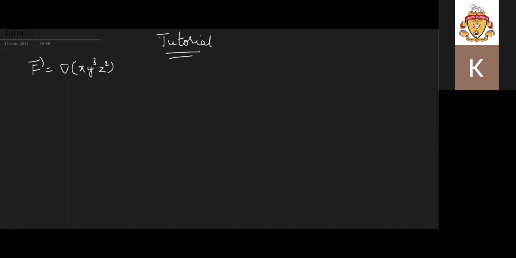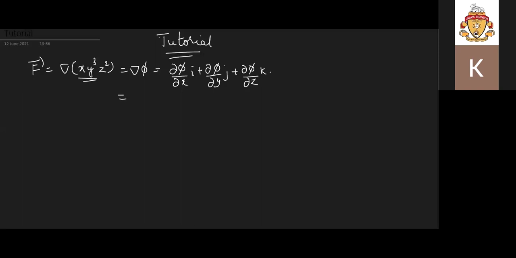So this is in the form del phi, the gradient of phi. We are aware: dou phi by dou x i, dou phi by dou y j plus dou phi by dou z k. This entire thing is phi.